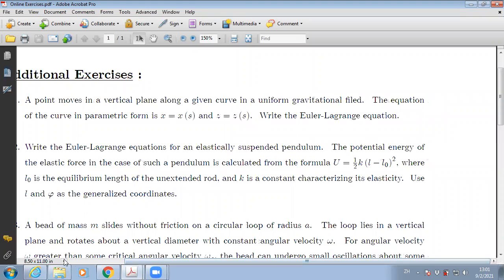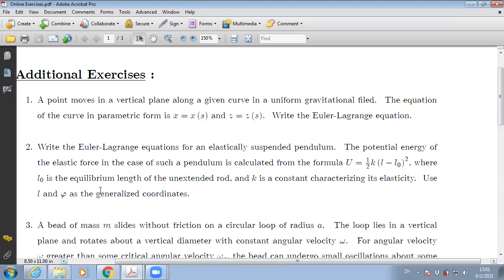The equation of the curve in parametric form is x being a function of s. s is the arc length of the trajectory. z is a function of the arc length. So write down the Euler-Lagrange equation of motion.